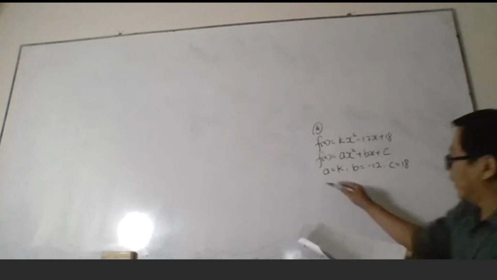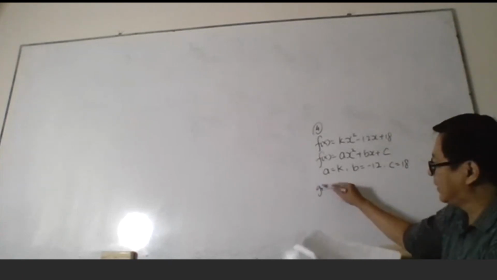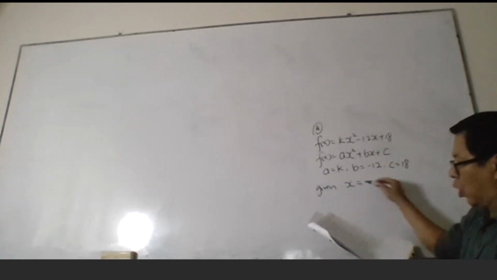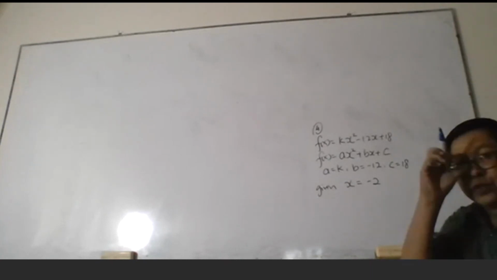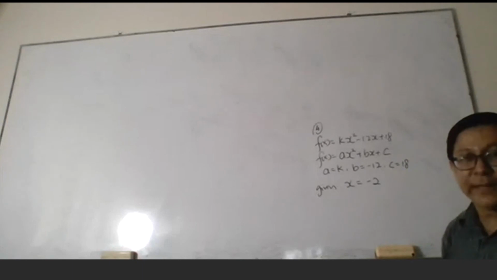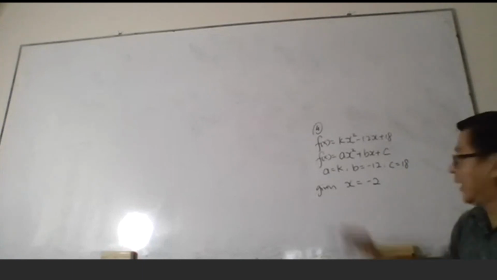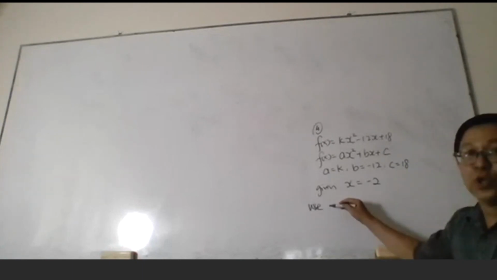First of all, the question already gives the x coordinate as -2. How am I going to find the value of k? Previously maybe you would try to use the method of completing the square, but today I'm not using that.